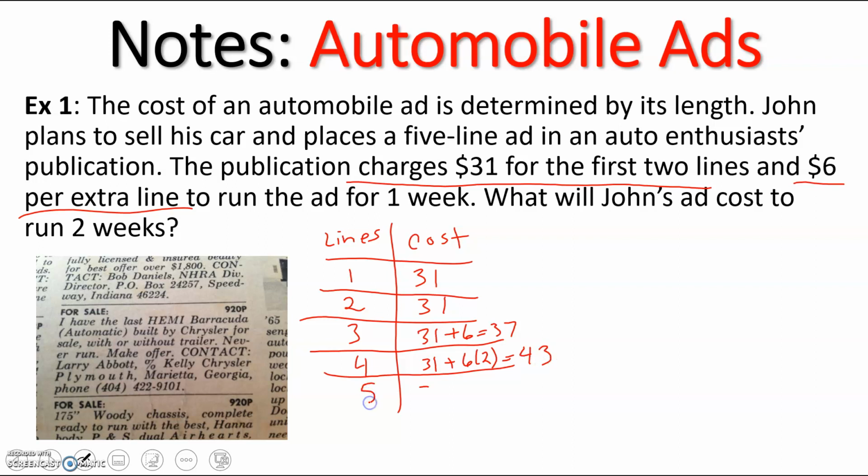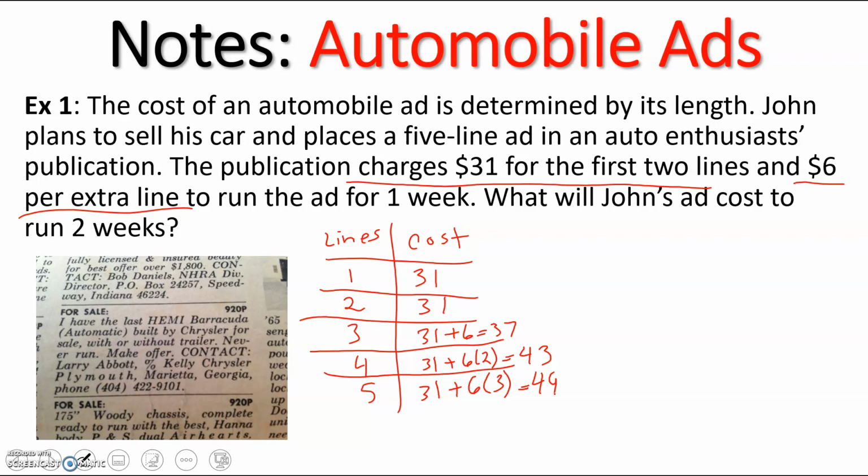If I have 5 lines, that'll be 31 plus 6 times 3, which is going to be 31 plus 18, or $49. Okay? Now, the question is what will it cost his ad to run for 2 weeks?